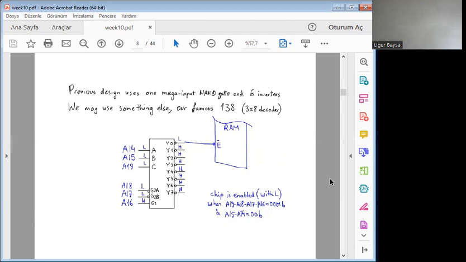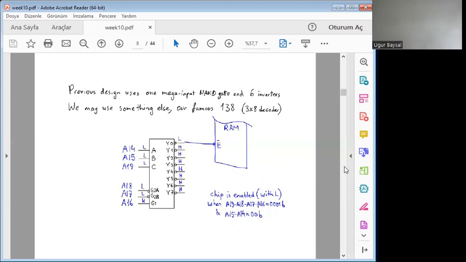So according to this configuration, we can assign the address buses so that only at a certain combination, starting from A19 low, A18 low, A17 low, A16 high, and A14 and A15 low, only the Y0 output initiates a low signal to enable the RAM.